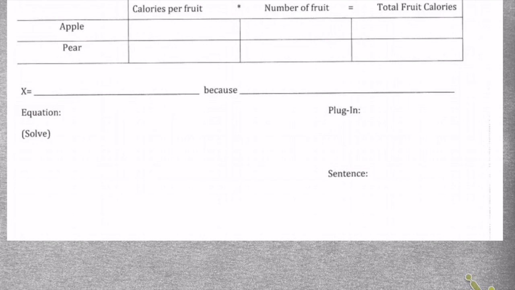For example 2, we've got a pear contains 30 calories more than an apple. 10 apples have as many calories as 7 pears. We want to find the number of calories in an apple and in a pear. Now, when we're given our information, we're given the pear in relation to the apple. So we want to make X our number of calories in an apple.